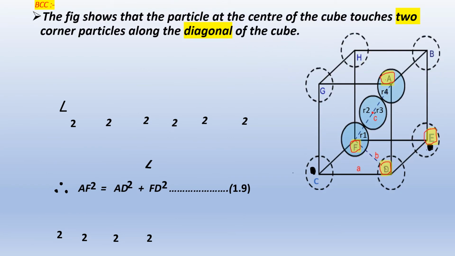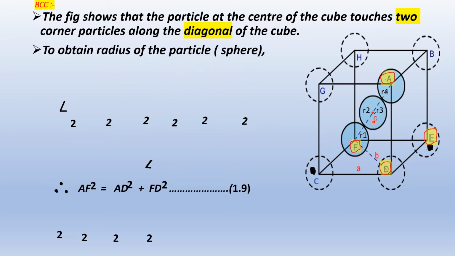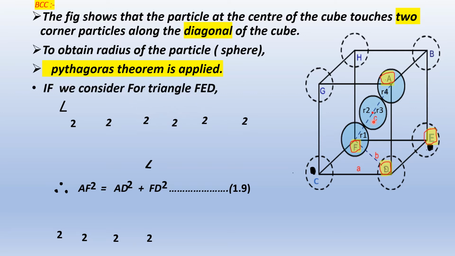The above figure shows that the particle at the center of the cube touches two corner particles along the diagonal of the cube. To obtain the radius of the sphere, you have to calculate by the Pythagoras theorem.